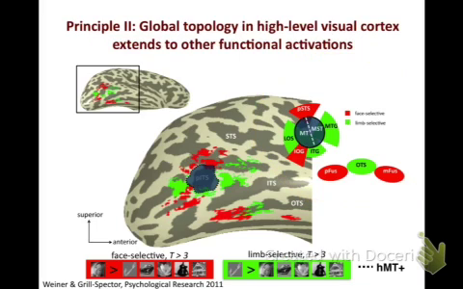If you ran an experiment where you show moving versus stationary stimuli, you'd find a region here that's motion selective, and that it responds more to moving stimuli compared to stationary stimuli. And this just shows that this global topology and consistent arrangement of activation in high-level visual cortex extends to many functional domains, and not only to domains related to the human body.